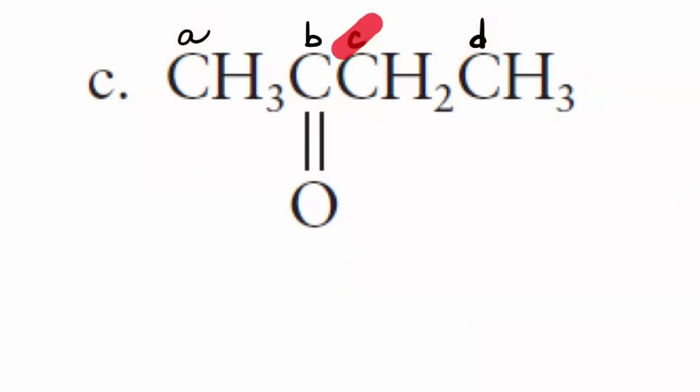Carbon C is not chiral because it's a CH2. Lastly, we need to investigate the groups connected to carbon B. Carbon B, and I'm going to use the highlighter for this, is connected to oxygen, to CH2CH3, and to a CH3 group.